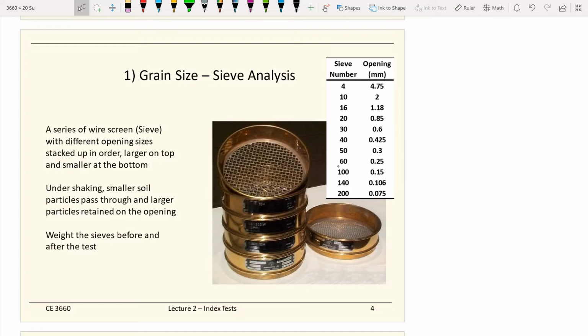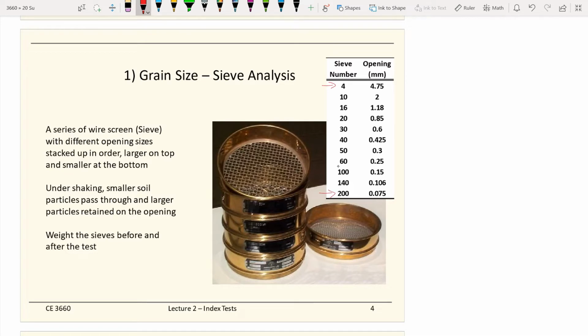With that, we can know, for example, if all of the soil passes the highest sieve, then all of the soil particles are smaller than the opening of that sieve. For a standardized sieve test, we have different sizes of sieves, from sieve number 4 to number 200.